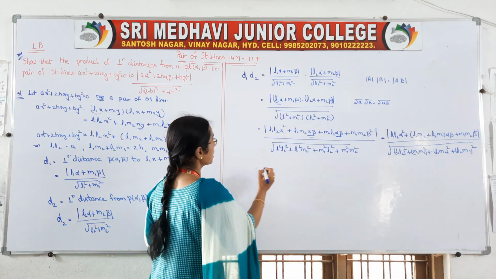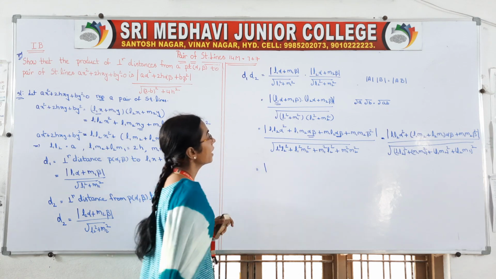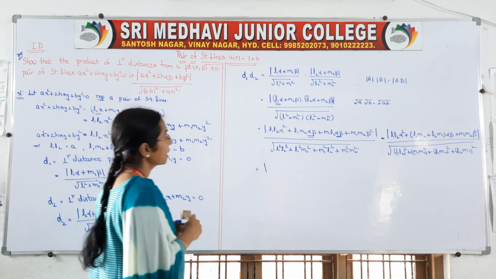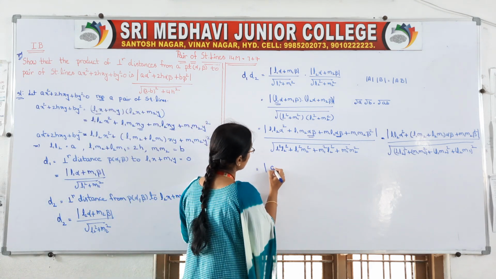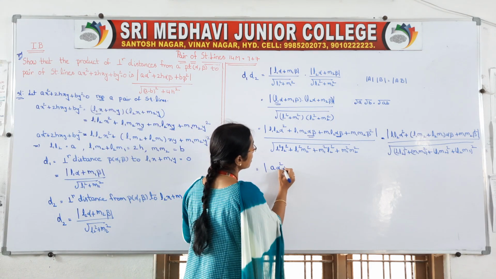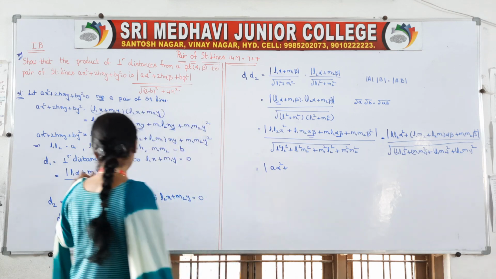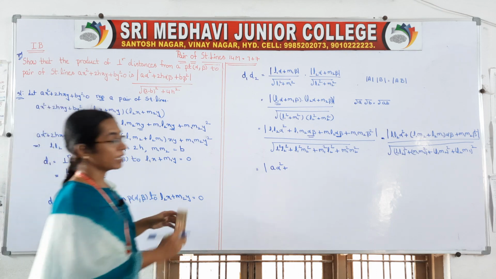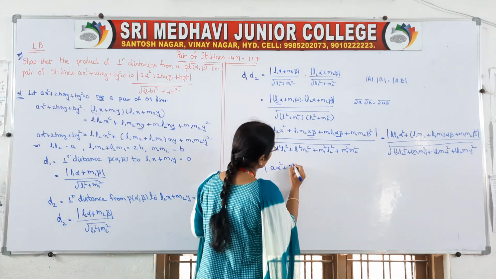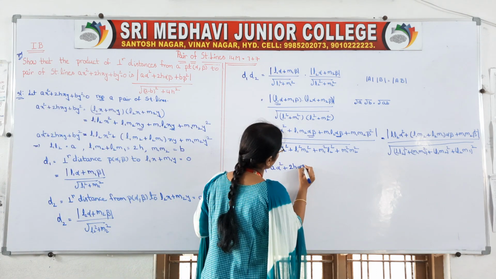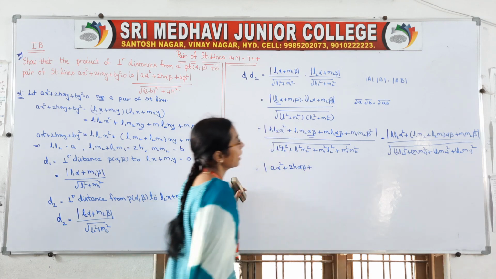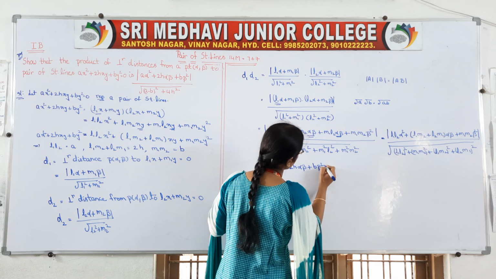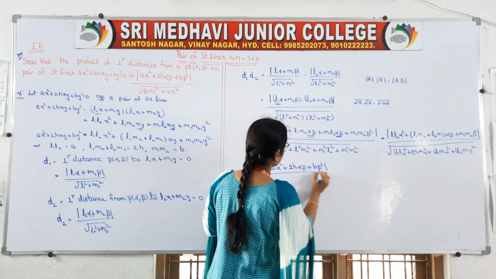So it is equal to modulus of L1 L2. After comparing, we got L1 L2 as a, so a alpha square plus, L1 M2 plus L2 M1 value is 2h, so 2h alpha beta, plus M1 M2 is b, b beta square, by downwards.